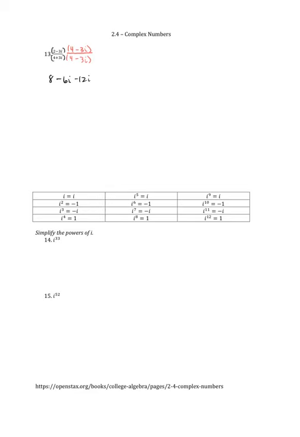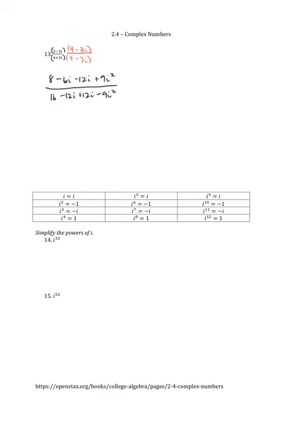Negative 3i times negative 3i is plus 9i squared. So that's the numerator. The denominator, we have 4 times 4 is 16. 4 times negative 3i is negative 12i. 3i times 4 is plus 12i. 3i times negative 3i is negative 9i squared.